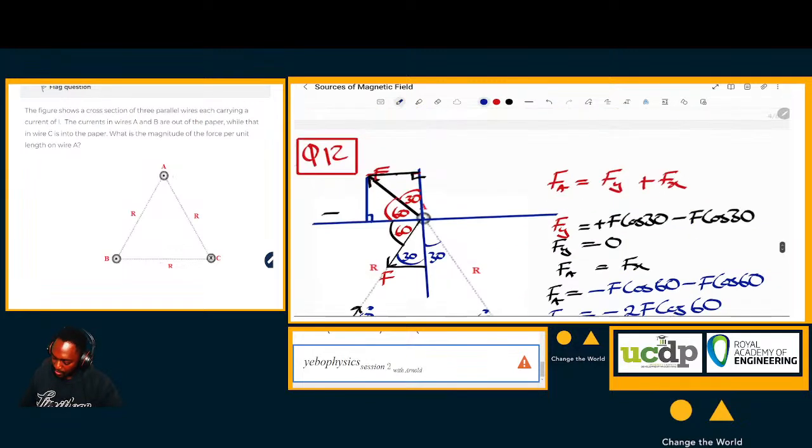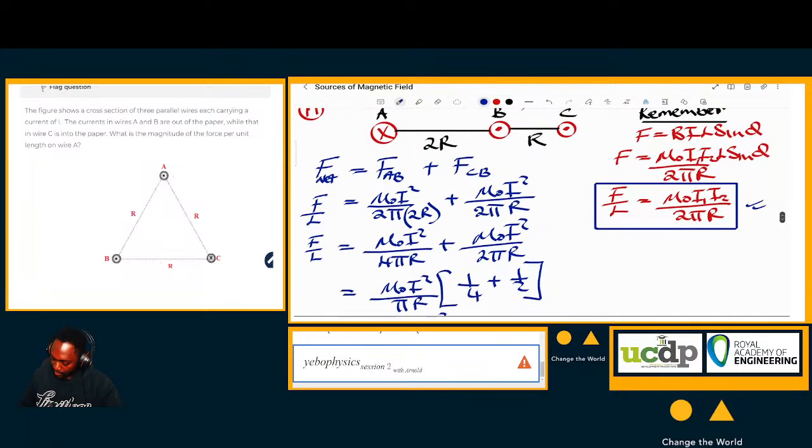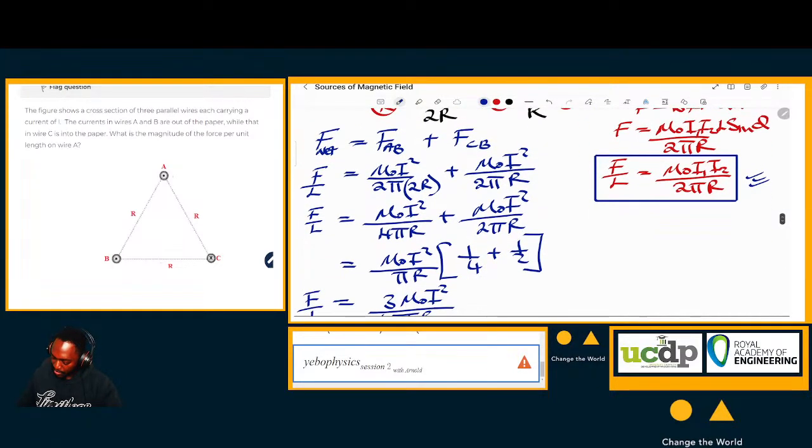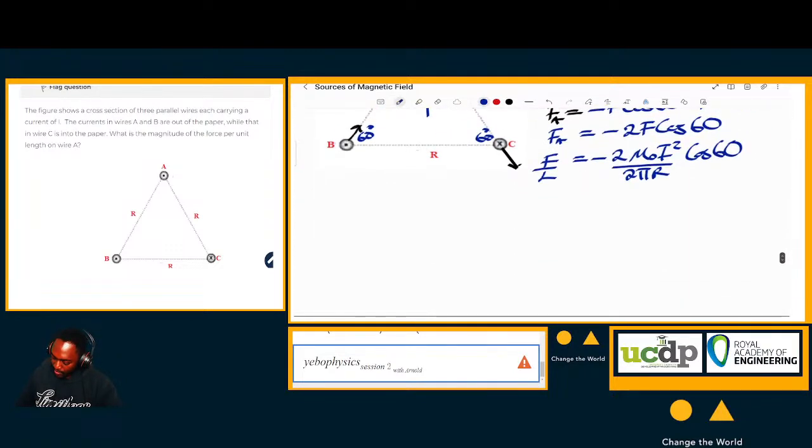In case you're wondering, it's this equation that we've just taken and substituted. Remember, the I1 and the I2 are equal, so it becomes I squared. So the force per unit length becomes 2, and that 2 cancels out.